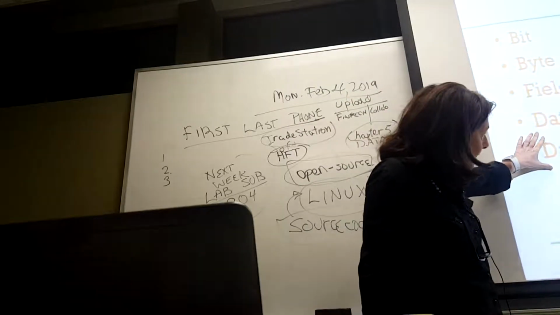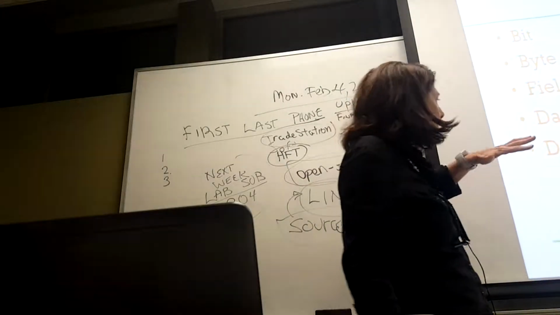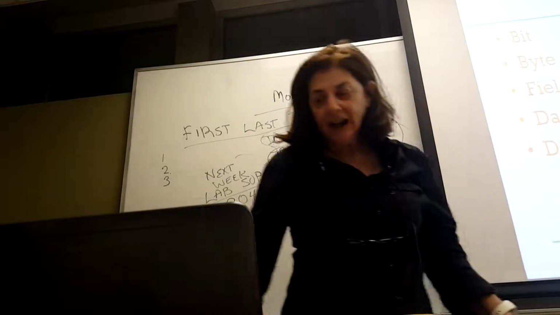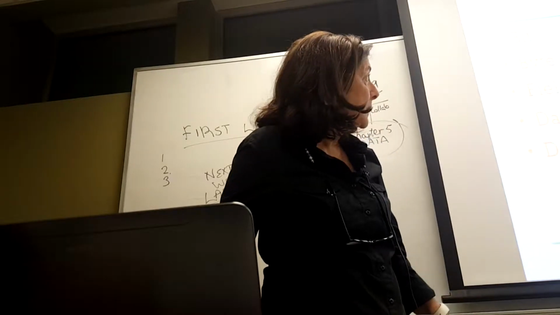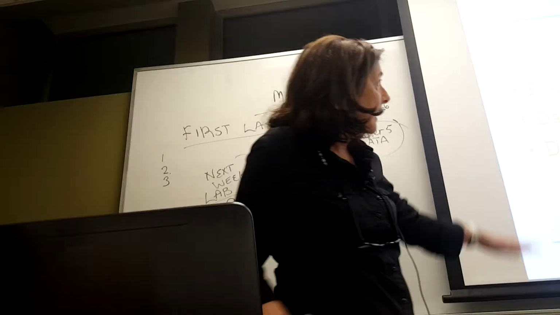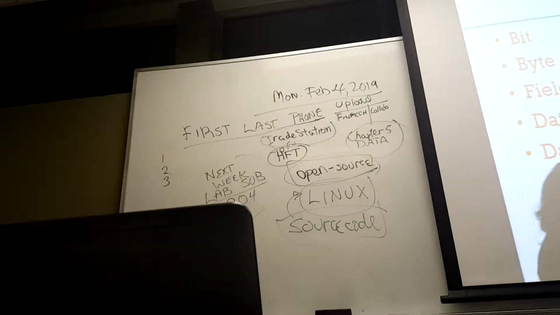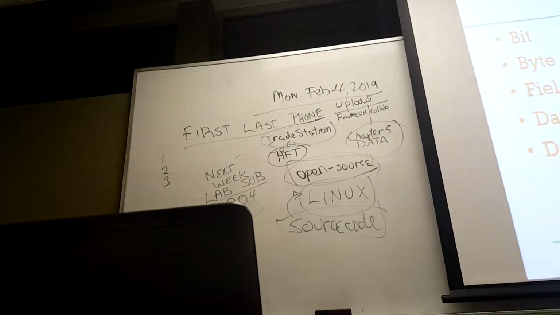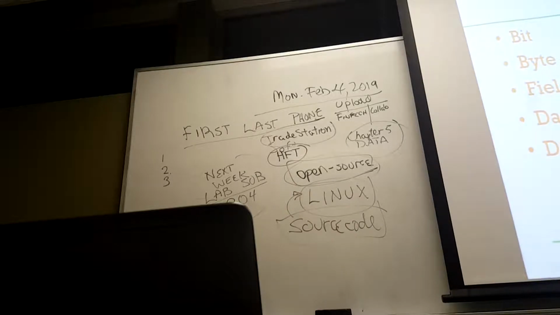We'll then start talking about blockchain and data files. We talked already about bits and bytes. A bit is either just on or off, a byte is just a character, and a field is one of the column headings in a spreadsheet.